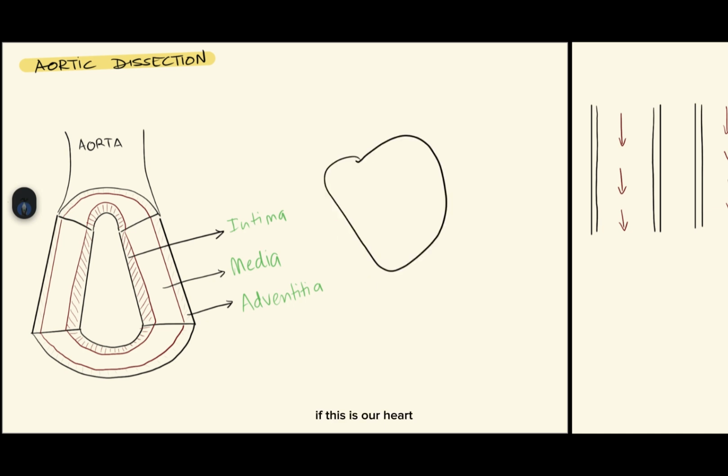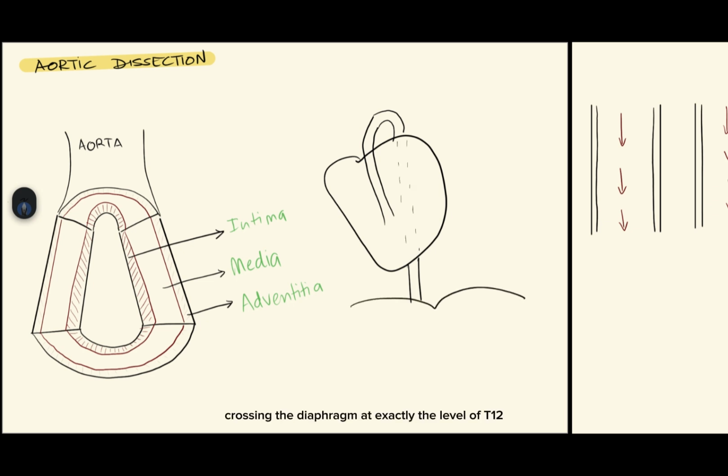If this is our heart, the course of the aorta is such that it exits the LV outflow, makes a 180-degree arch, and then travels posteriorly through the mediastinum, crossing the diaphragm at exactly the level of T12, and then it bisects into the common iliac arteries at approximately L4, which is around the umbilicus.